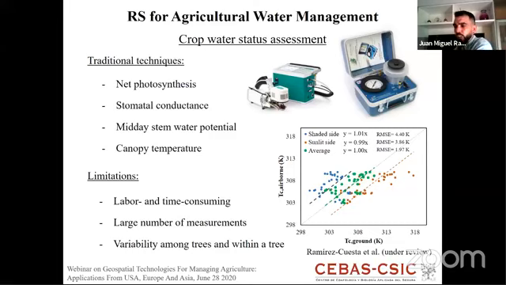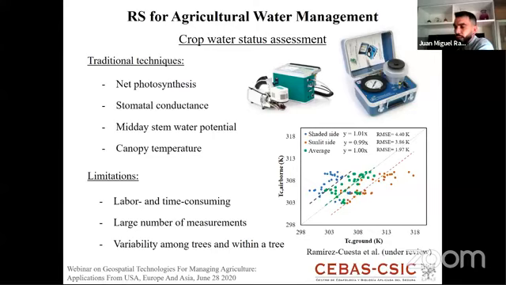However, these approaches are labor and time consuming, since they require a large number of measurements to be representative of the entire study area. Additionally, the huge variability existing both among trees and inside a single tree makes it difficult to select the most appropriate place for carrying out the measurements.